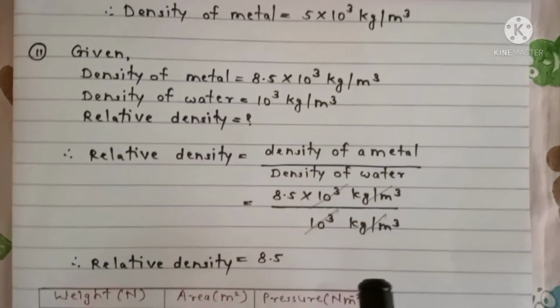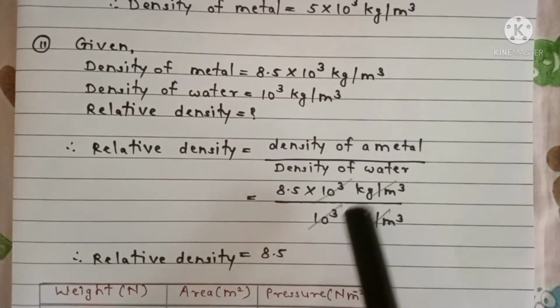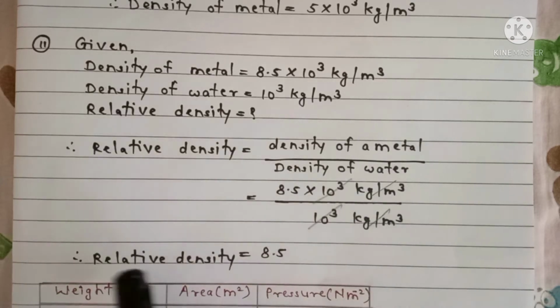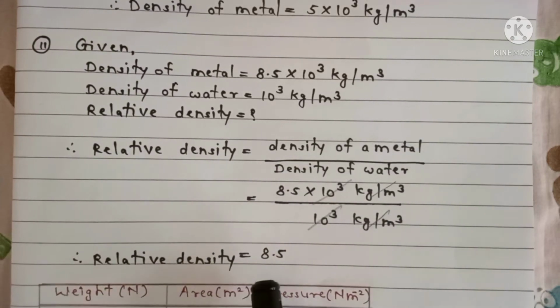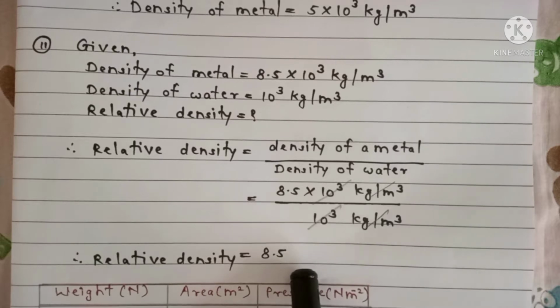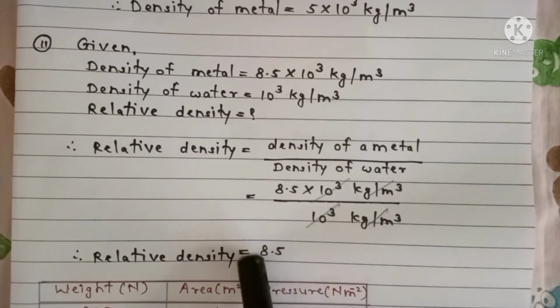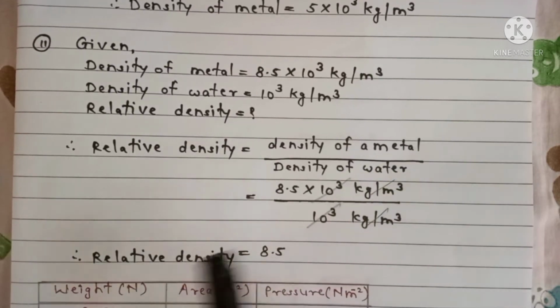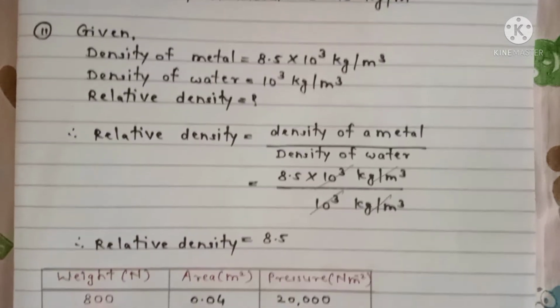This 10 raised to 3 will cancel. Therefore relative density is equal to 8.5. This value we can write in the given table.